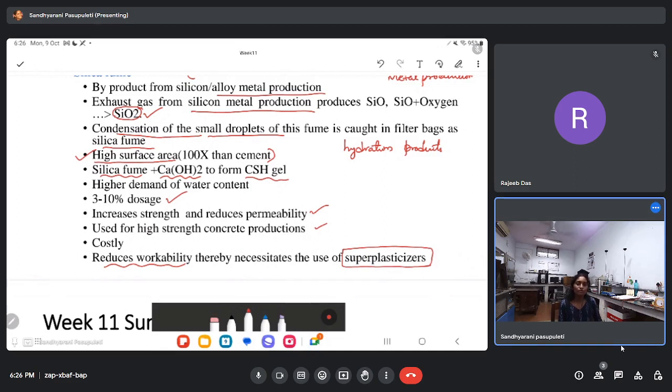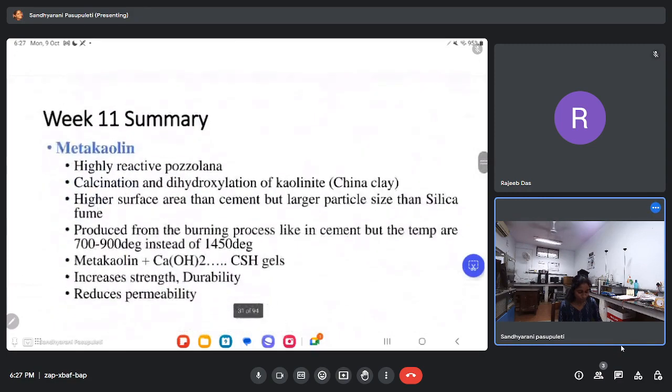In the same way, temporarily we would have the plastic state of concrete, thereby workability can be achieved for the construction or transportation, whatever the duration required. But after a while, this effect of superplasticizers would be reduced, thereby the strength can be obtained.